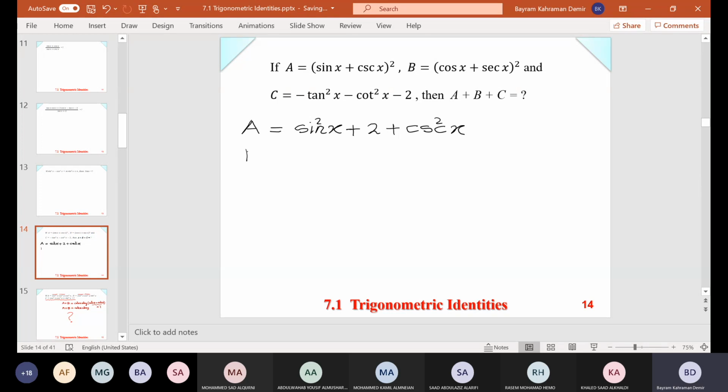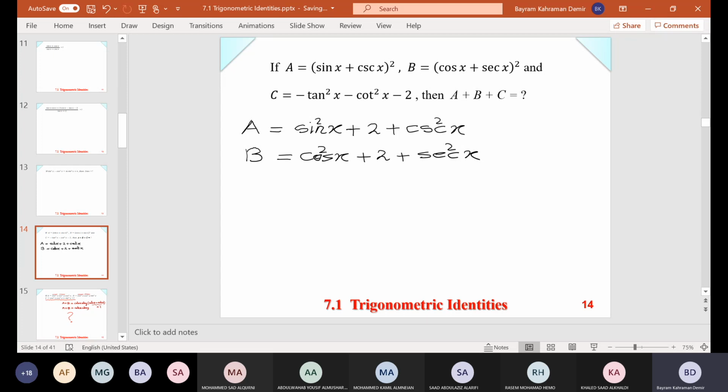How about B? B is equal to, again, cosine square of x, and the same 2, because cosine times secant is 1, so 2 times 1 is 2, plus secant square of x.